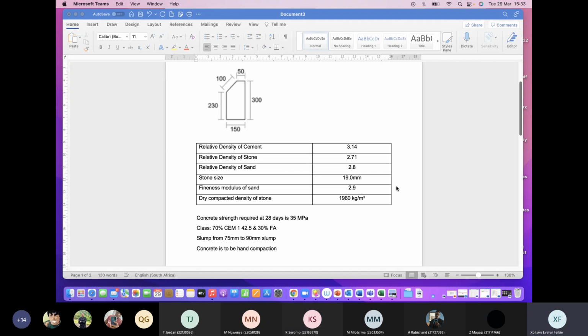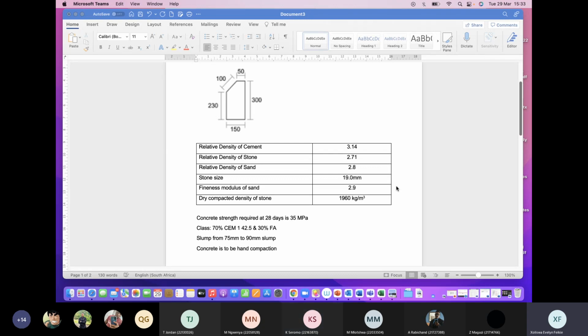What did they say about the slump? It's moving from 75 to 90. And the type of compaction? Hand compaction. Okay, I see, ma'am. Thank you very much, sir.